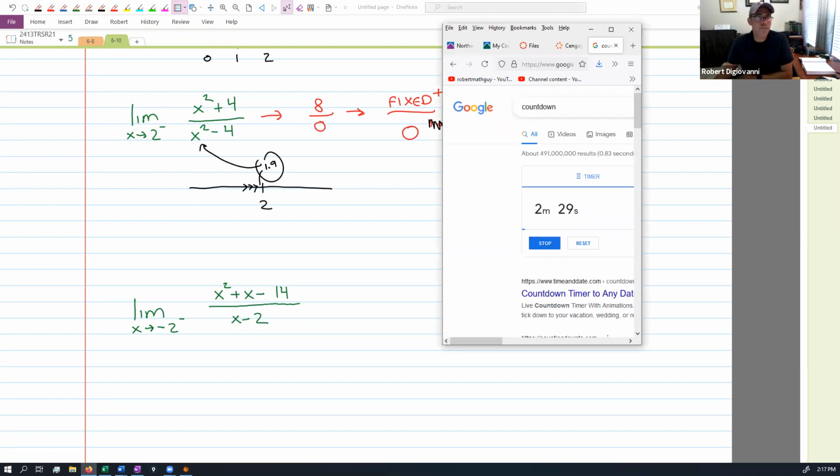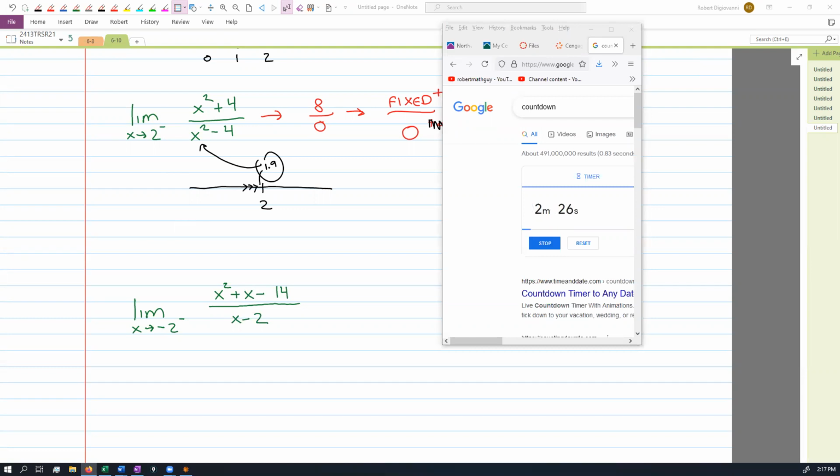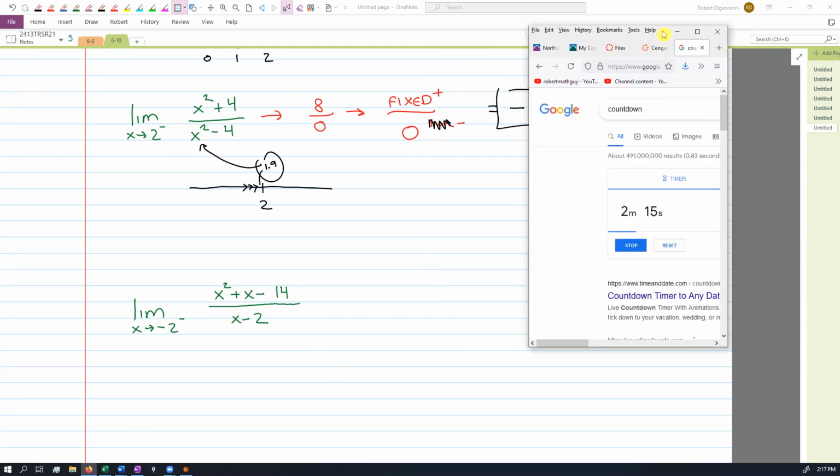See what you can do. Just to be clear, everyone, we're approaching -2 from the left.